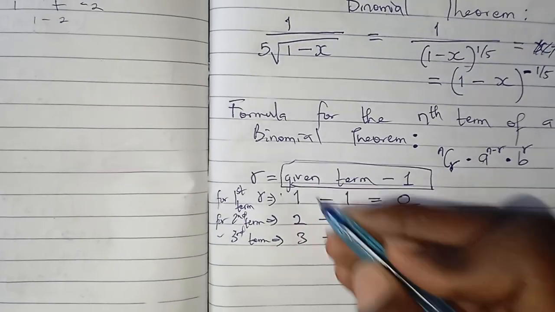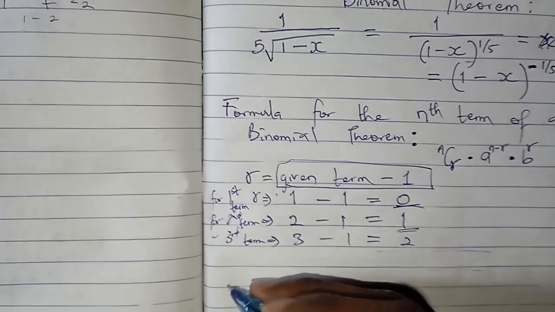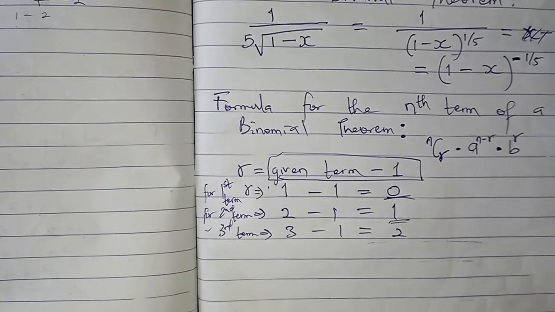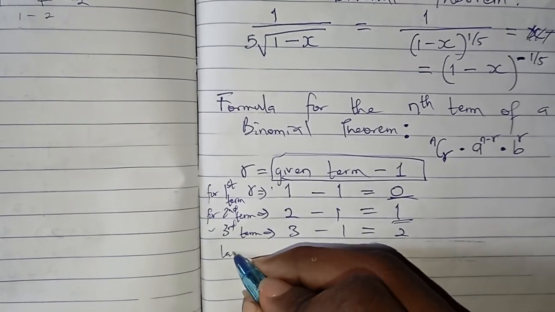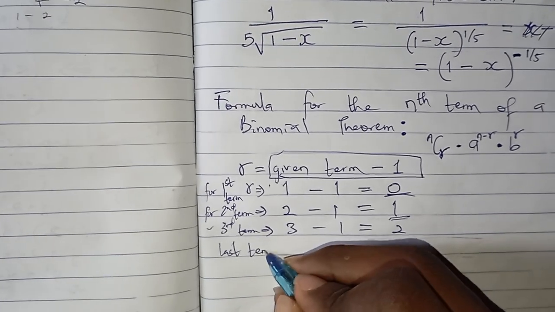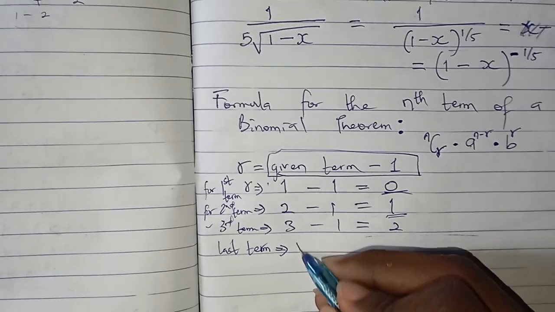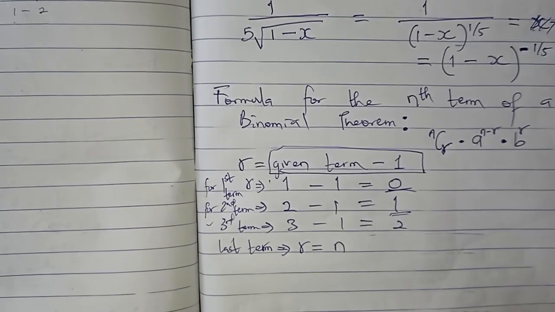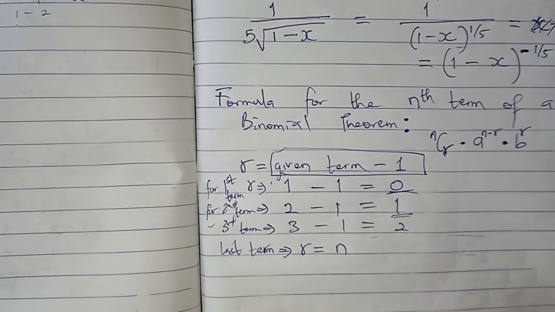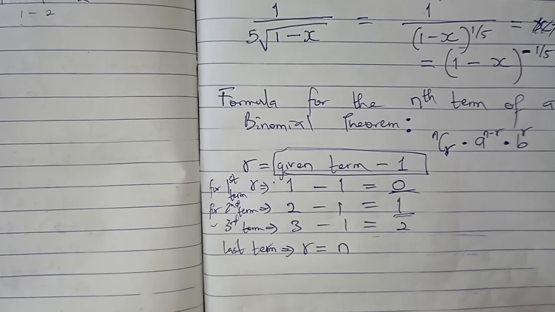And that means that you need to know that for the last term, let's say they tell you to find the last term, always know that r will be equal to the given power. That is what you just need to know. What do I mean?